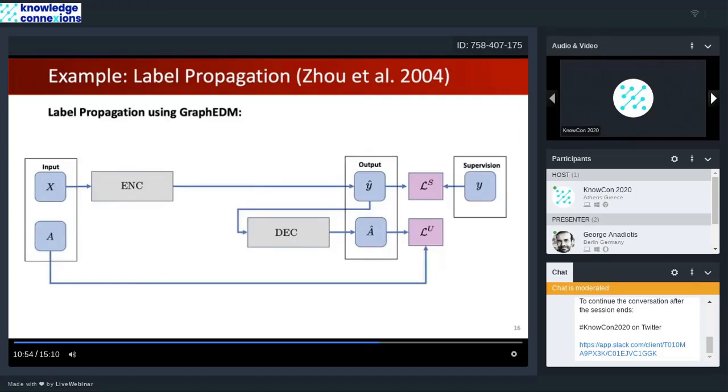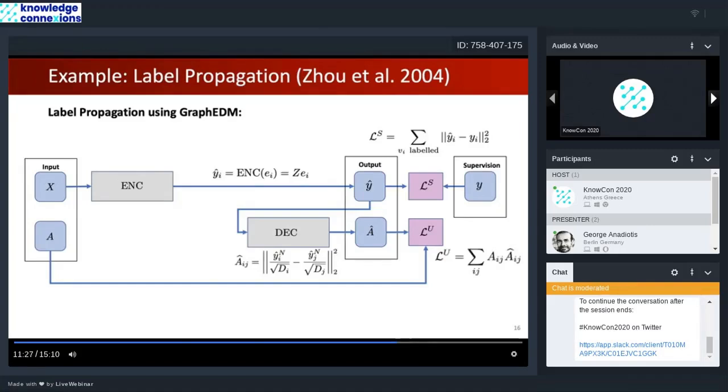While label prop is an iterative algorithm, it can also be equivalently written as an optimization-based method, which allows us to describe label prop in GraphEDM terms. Here, the encoder is shallow and embeddings are directly learned in the label space, so the label decoder is simply the identity function. The supervised loss term is simply the L2 distance to the labels of labeled nodes, and the unsupervised decoder uses L2 distances between label vectors to compare pairs of nodes.